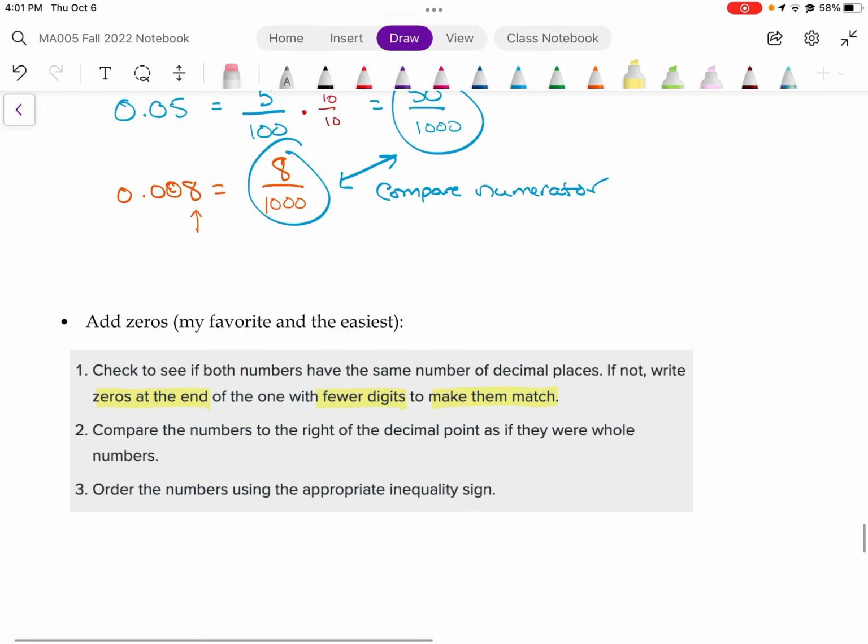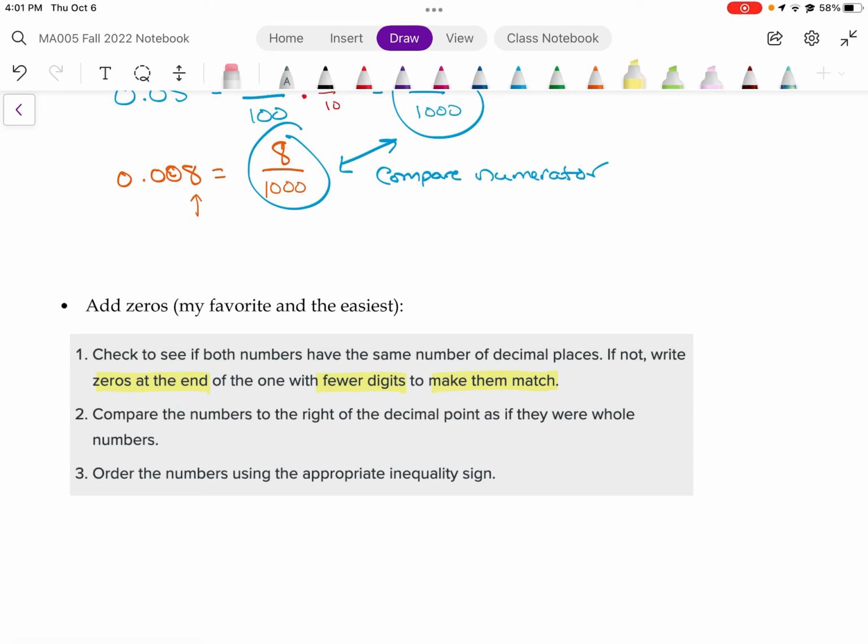Okay, so let's try it. We've got 0.05 compared to 0.008. Now, what it just said is add zeros at the end of the shorter one, the one with fewer digits, so that now you can compare these two and say, well, this one looks like 50.